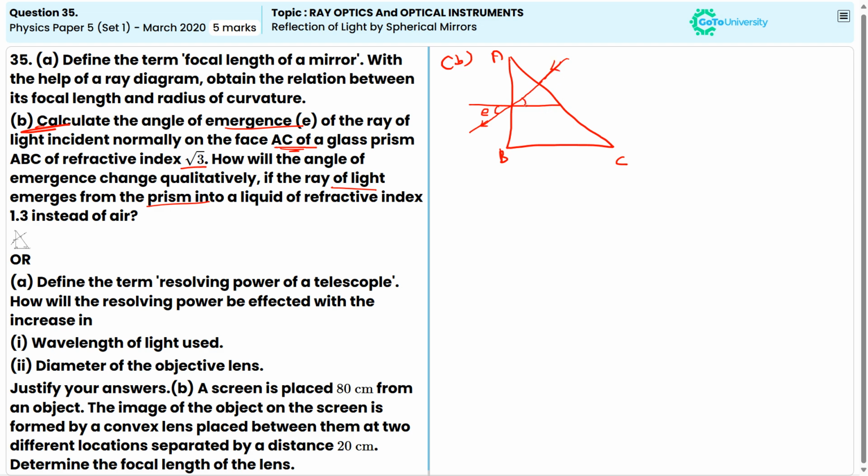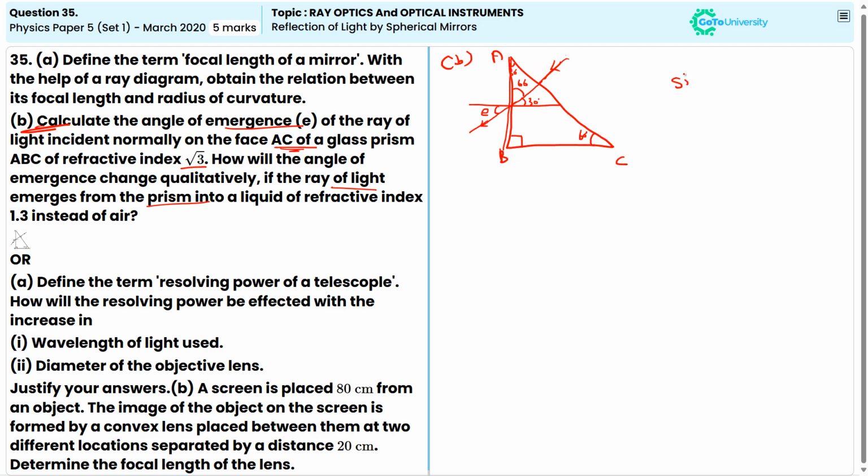Here the angles are 30 degree and 60 degree. So this is 90 degree, this will be 60 degree, and again this is 30 degree. As the light ray is incident normally on the face AC, it goes undeviated and strikes the face AB. At face AB, the angle of incidence is 30 degree. Now we apply Snell's law at the refracting surface AB.